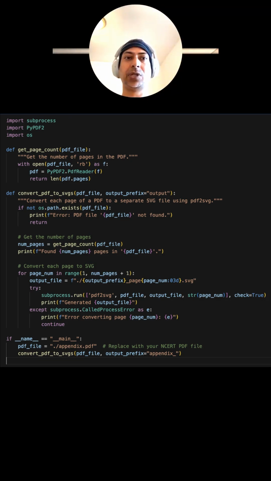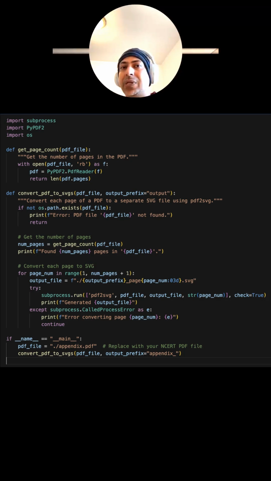It has all the PDFs, all the chapters. I use this code to convert the PDFs to SVGs. So I use this code to get the SVG file from the PDF.